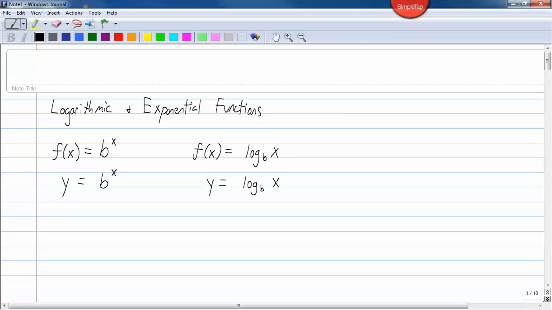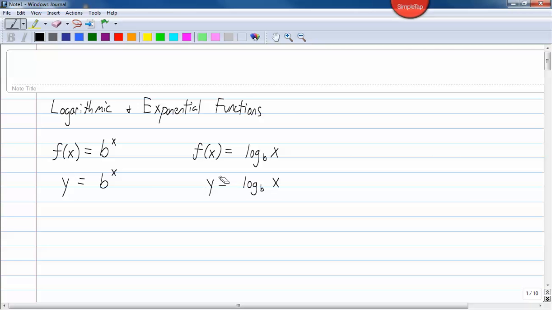And so this logarithmic function is actually based off of the exponential function. Both of these, y and y, are equal to b to the x and log base b of x.